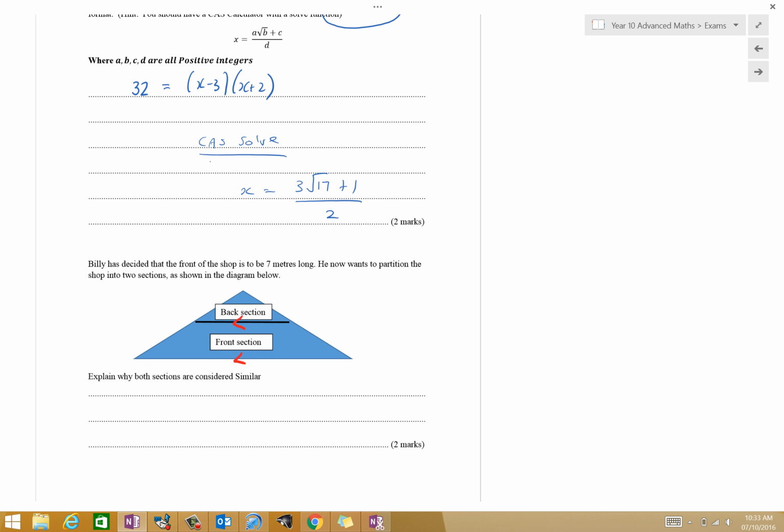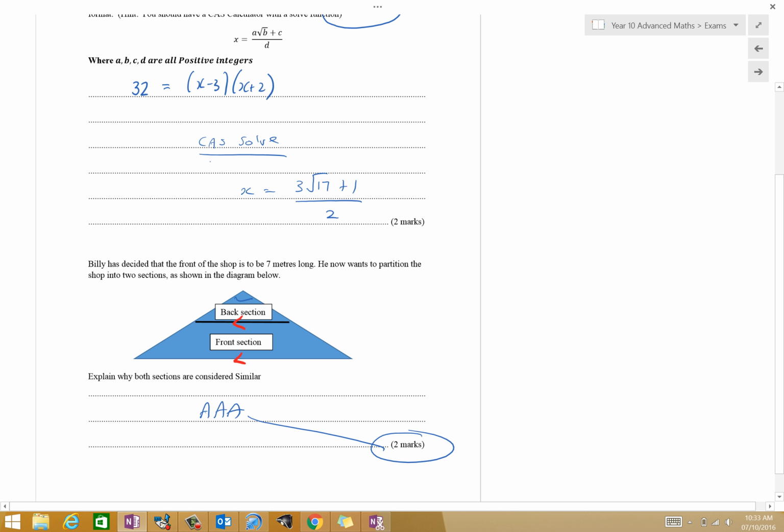Now, it says here, explain why both sections are similar. Why are they both similar? So what you need to talk about is the angles being the same. That would be 1 mark, as in referring to the angles. I don't have much time, but saying that is not going to be enough for 2 marks.